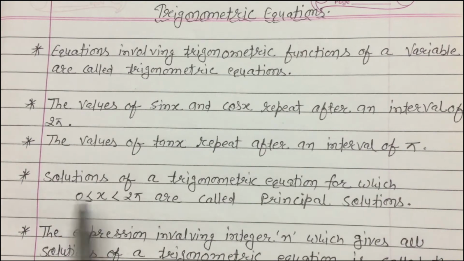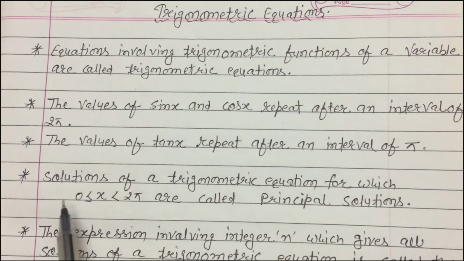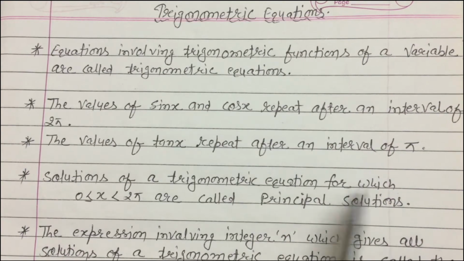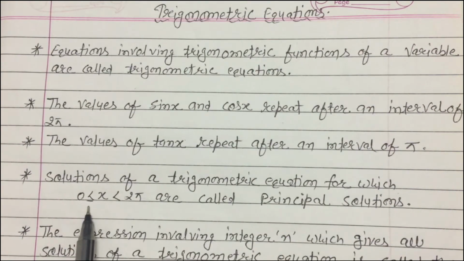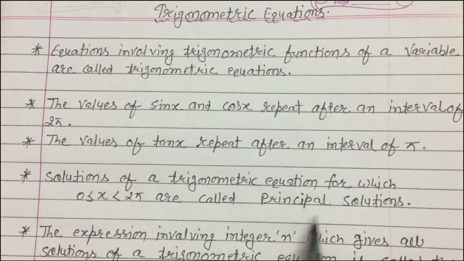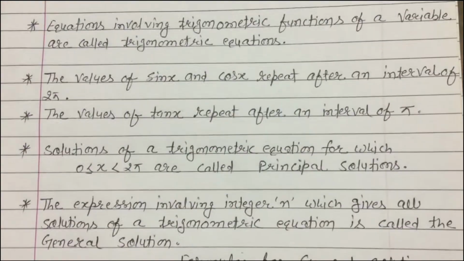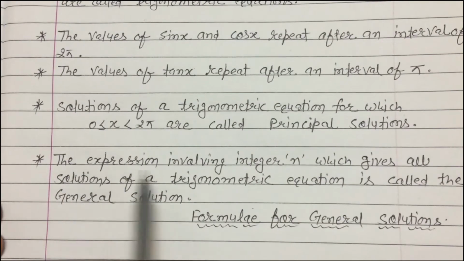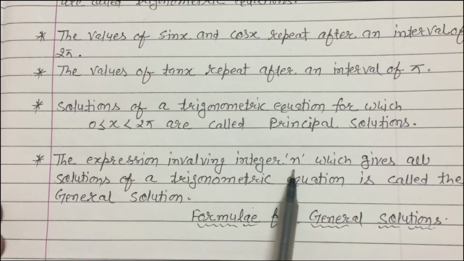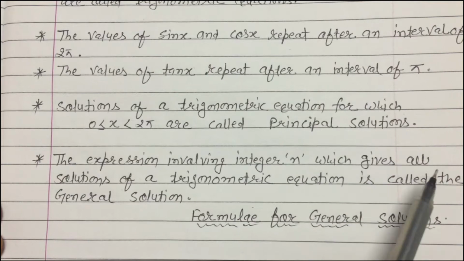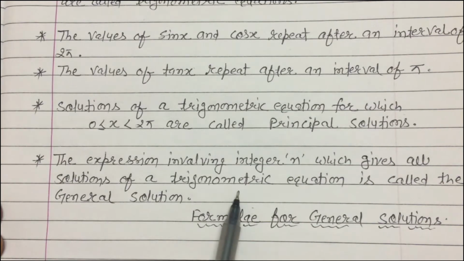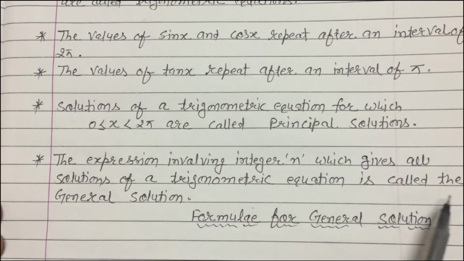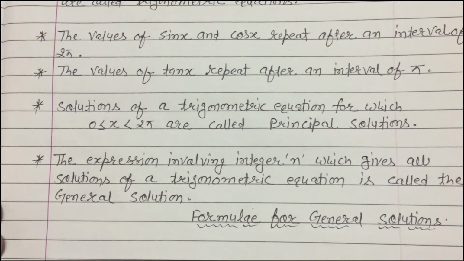Next, an important point: principal solution. Solutions of a trigonometric equation for which x is greater than or equal to 0 and less than 2 pi are called principal solutions. The expression involving integer n, which gives all solutions of a trigonometric equation, is called the general solution.